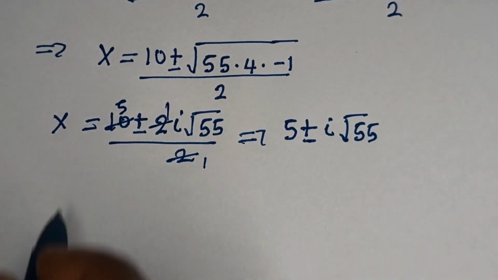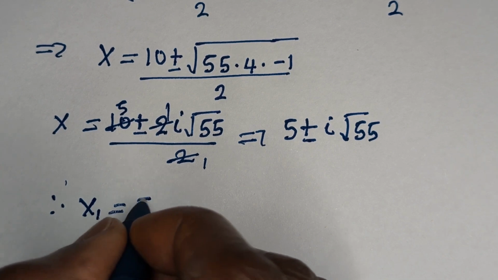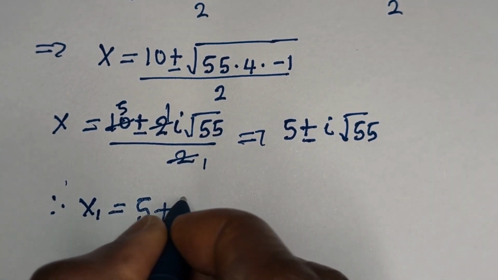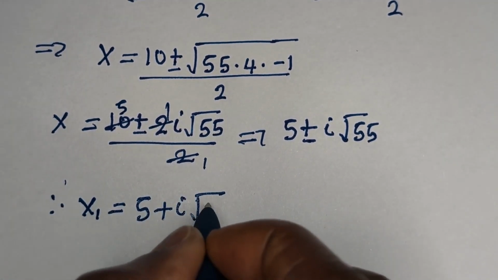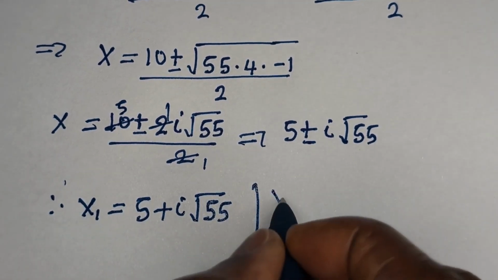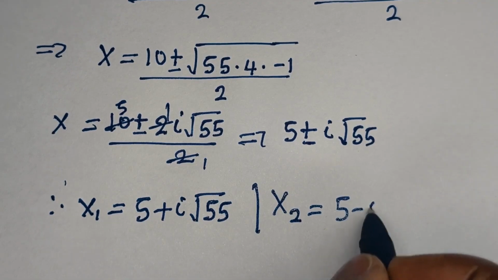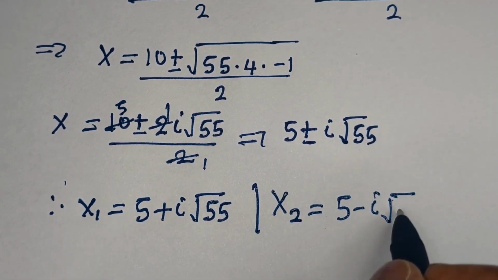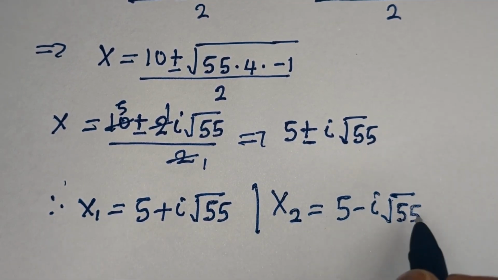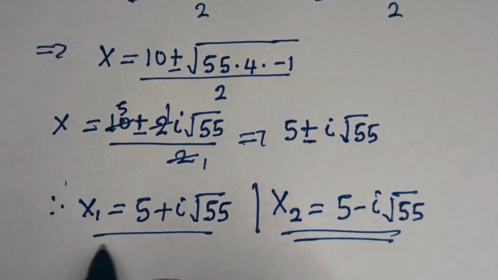Therefore, x1 is equal to 5 plus i square root of 55, and x2 is equal to 5 minus i square root of 55. These are the values of x. We've gotten the values of x.